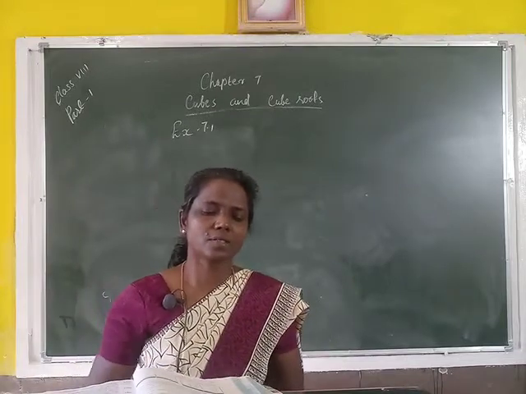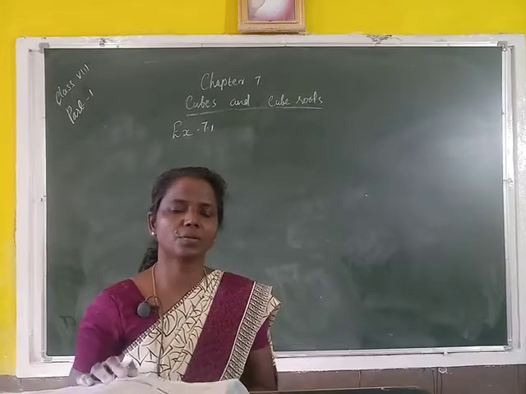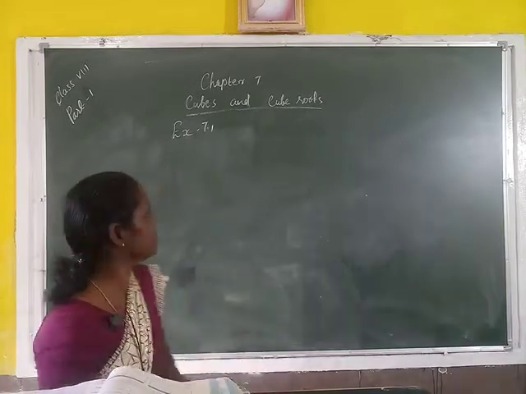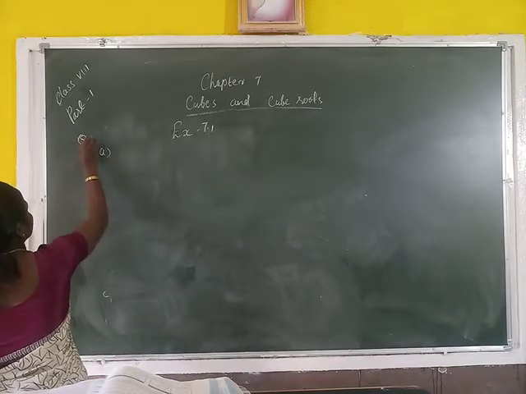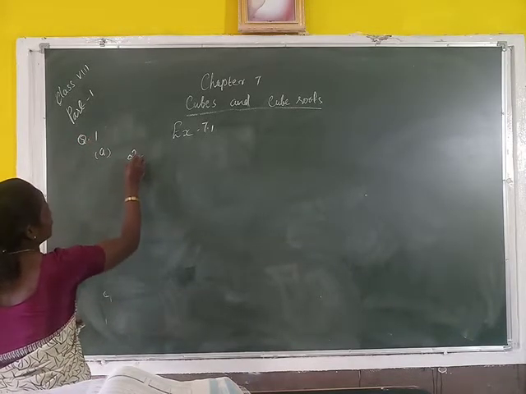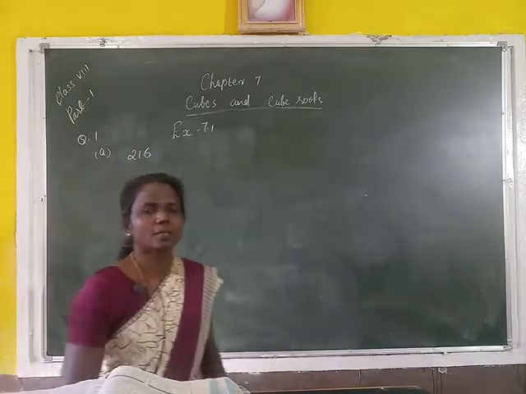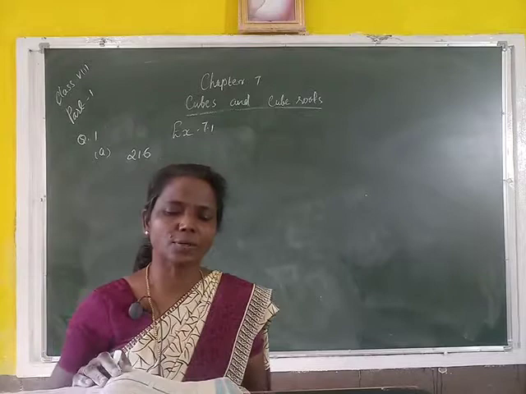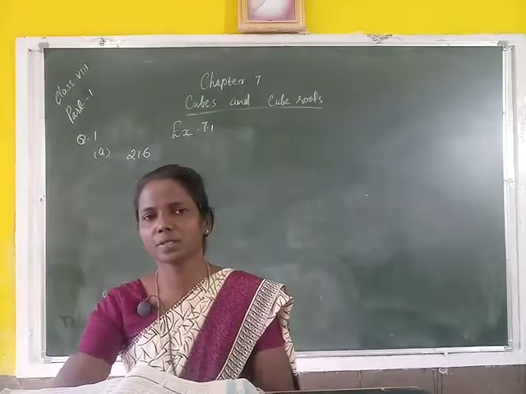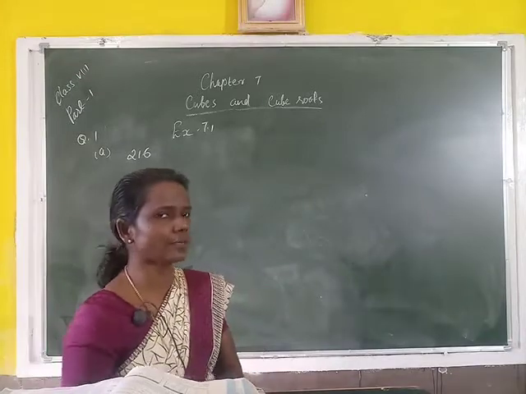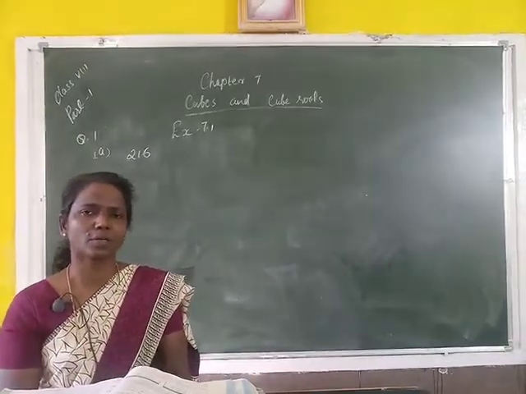Question number 1: which of the following numbers are not perfect cubes? Look at the first number, 216. What is the question? How to find out whether the given number is a perfect cube or not?